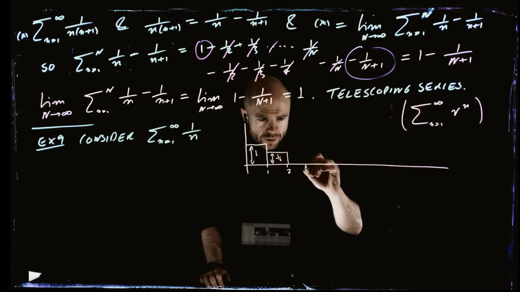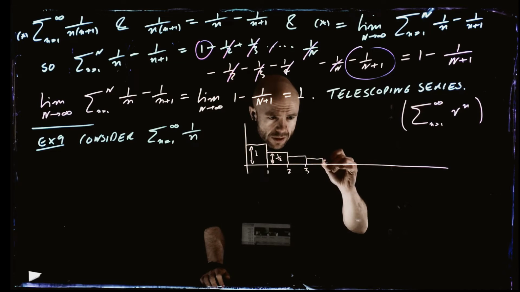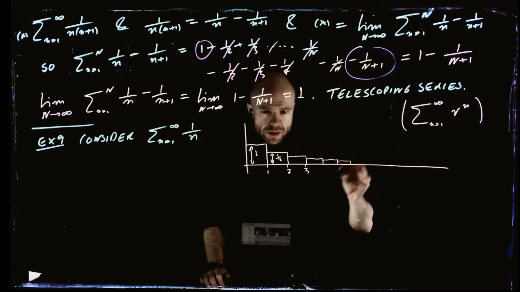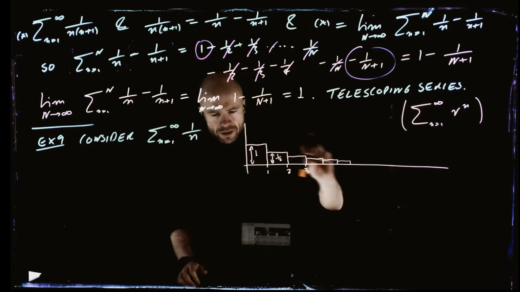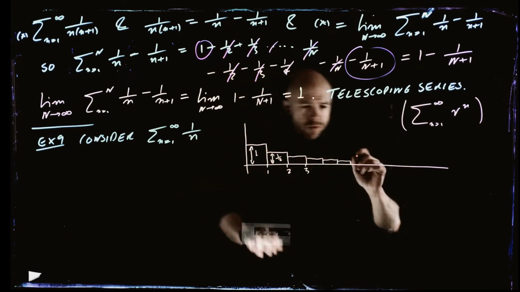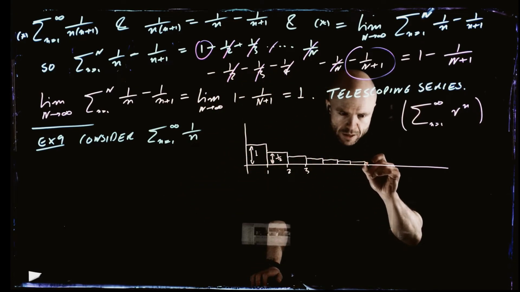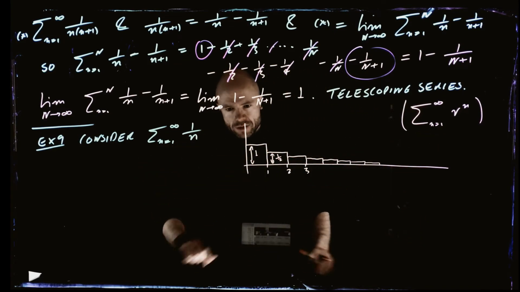The next block is from 2 to 3, height 1/3, and so on. So this sum is the area of all of these blocks going off to infinity.